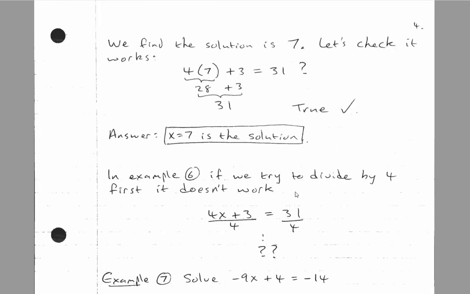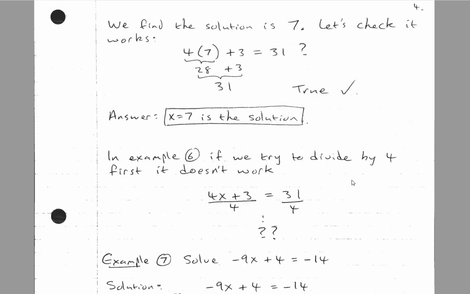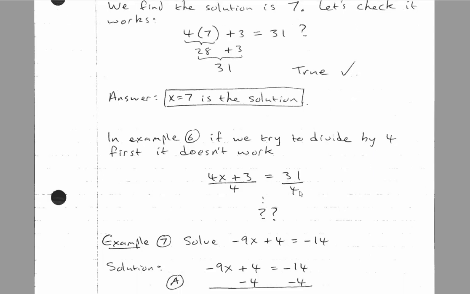And what would happen in that example if we use step B first? So 4x plus 3 equals 31. What happens if you divide both sides by 4 first? Well, you see, you can't just divide the 4x, you're also dividing the 3.